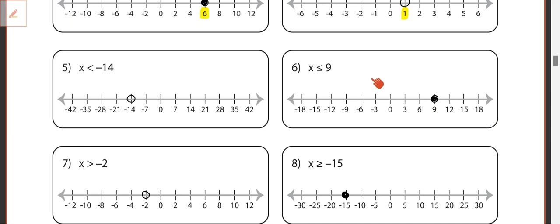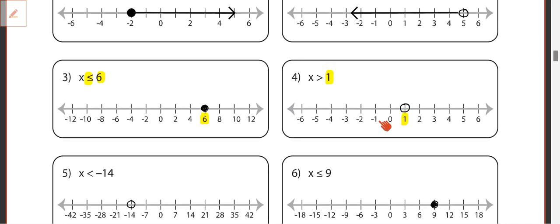Okay. Now it's a case of getting the arrows the correct way. So x needs to be numbers that are less than 6. So starting at 6, I have to point left, because that's where the numbers less than 6 are. This one says x has to be greater than 1. So we start at 1 and we go right, because those are numbers greater than 1.